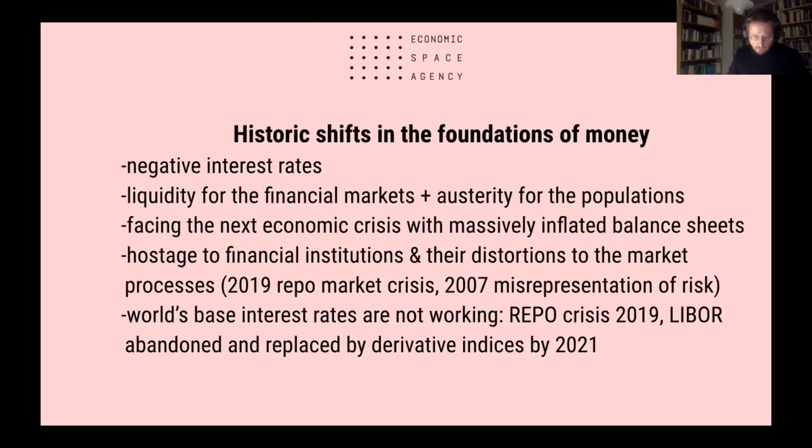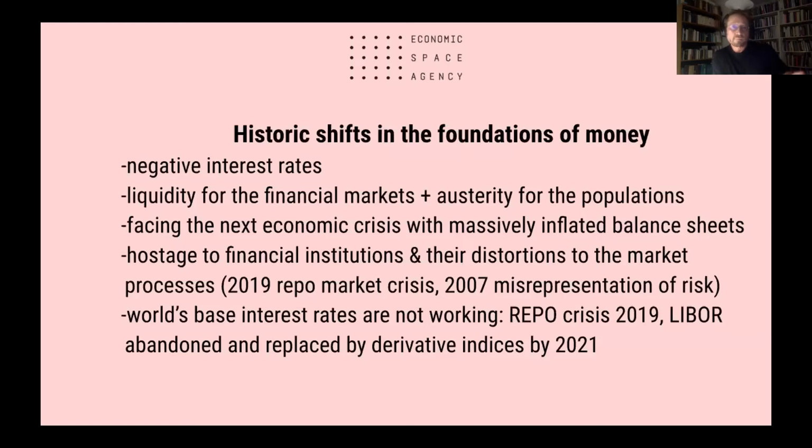Thirdly, central banks. After the financial crisis in 2007 and 8, they started to pump up the deflated asset markets, and they promised to release those assets back to the market, but they can't do it.